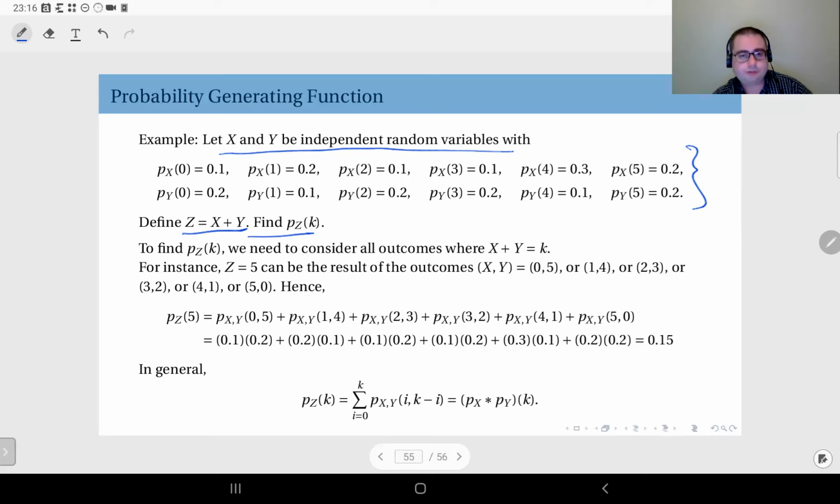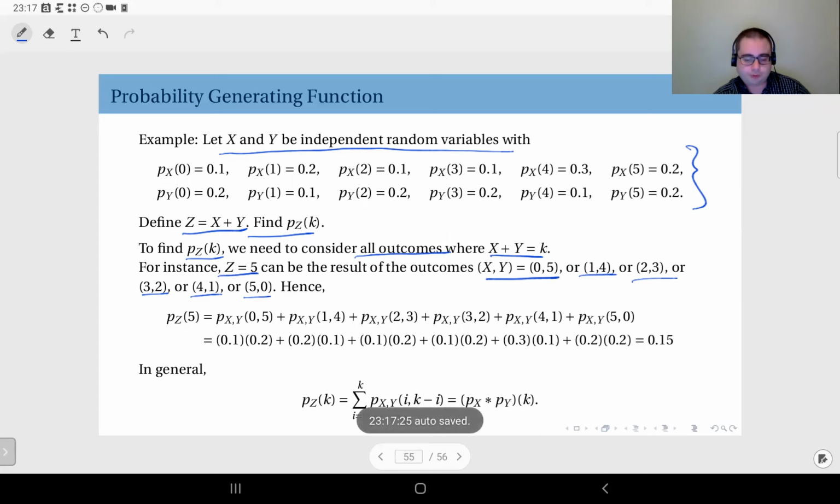Now, if you don't use generating functions, you can still solve this question. Of course, to find the PMF of Z at k, we need to consider all outcomes of X and Y that when added up make k. For instance, if you would like to obtain the PMF value of Z at k equals 5, then the outcomes you need to consider for X and Y are 0 and 5, 1 and 4, 2 and 3, 3 and 2, 4 and 1, and 5 and 0, because for these pairs the sum will be equal to 5.